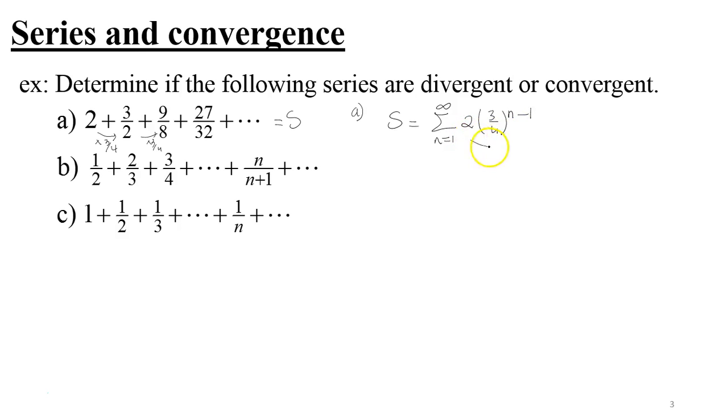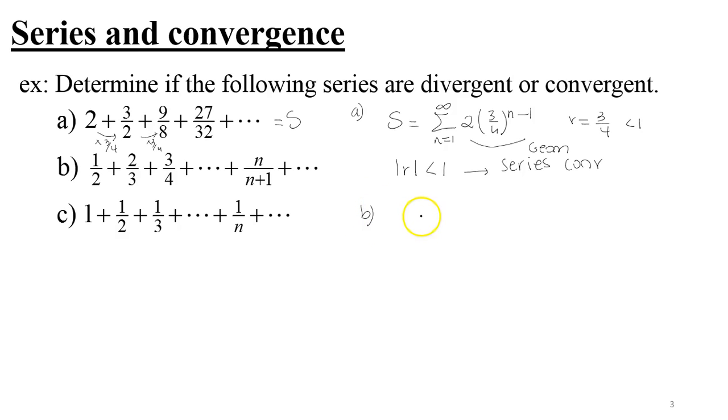So this is the general term of the sequence. However, geometric series are a very particular case because we already know that if the absolute value of r is smaller than 1, then the series is convergent. Over here we have r equal to 3/4, which is smaller than 1, so this geometric series is convergent.